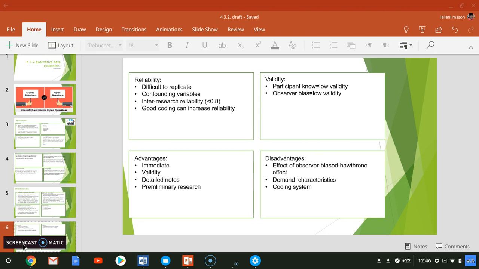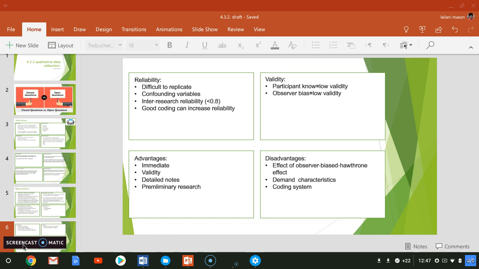The disadvantage is there could be an effect of the observer, which could lead to the behaviours and the way that these participants act being biased, so they might want to impress the researcher or change how they feel. And this could lead to the Hawthorne effect, where participants act differently as they know they're being watched, so this affects the overall validity.